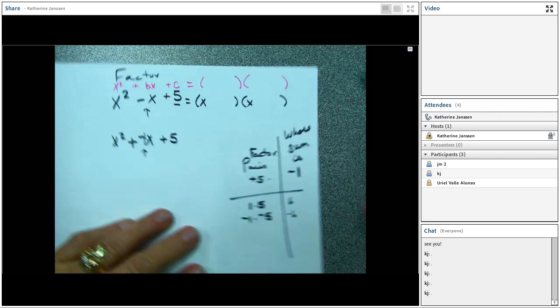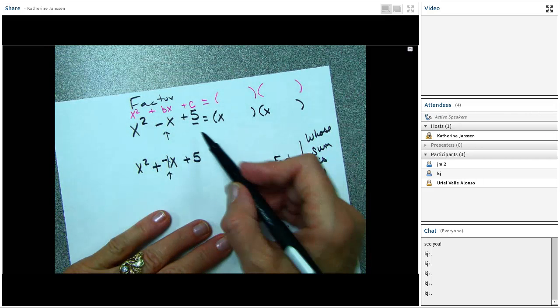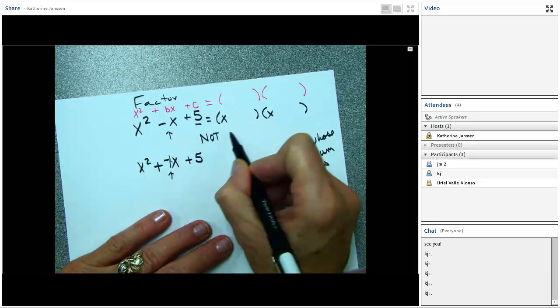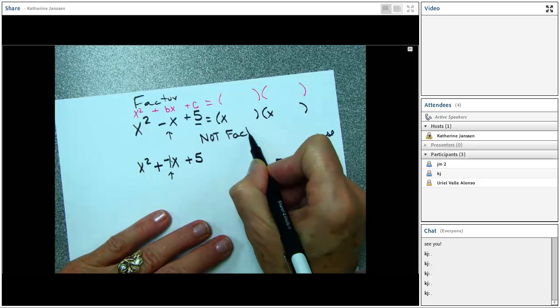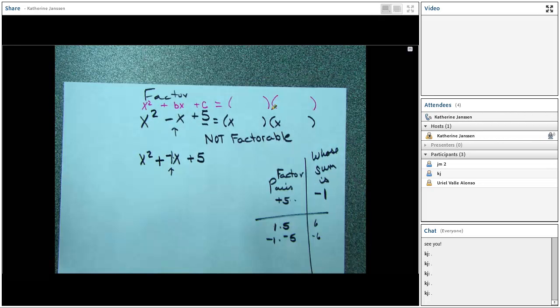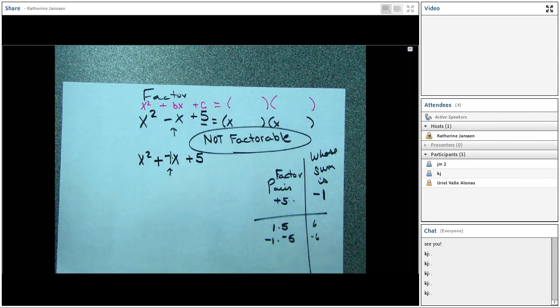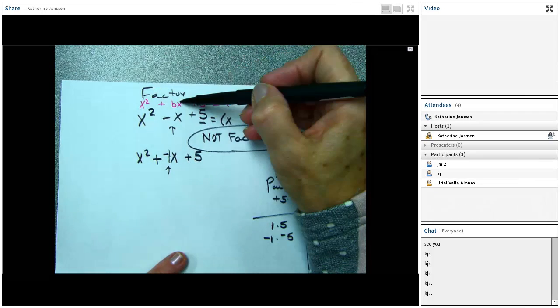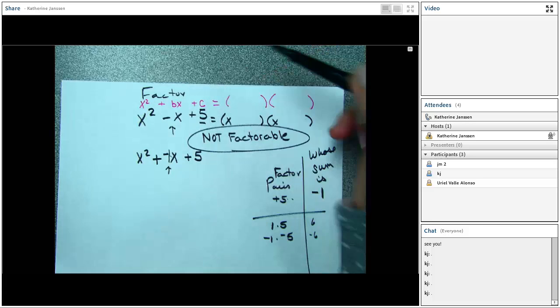So this is an example of it's not factorable in the real number system, which we're working with right now. So there are those polynomials of the form x squared plus bx plus c that are not factorable.